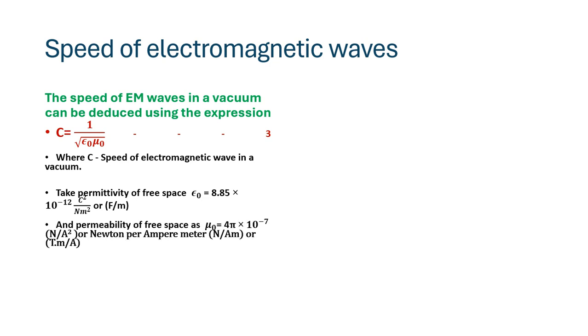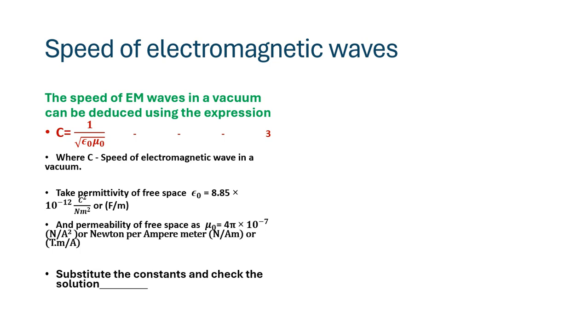Then permeability of free space is 4 pi times 10 to the power minus 7. Also note the constant. If we substitute these values into equation 3, it gives us the speed of light.